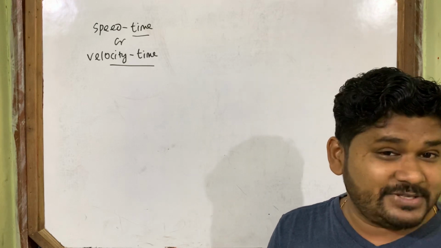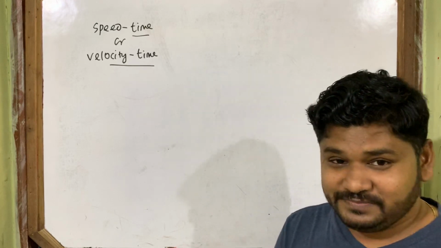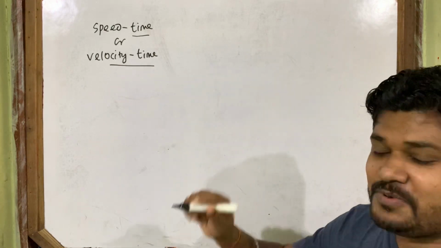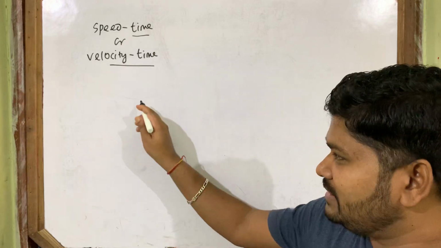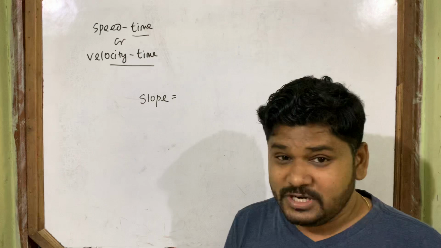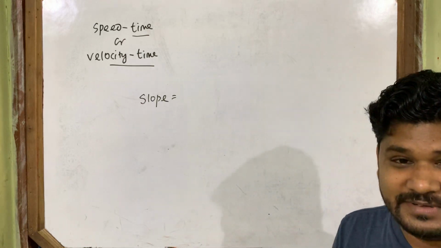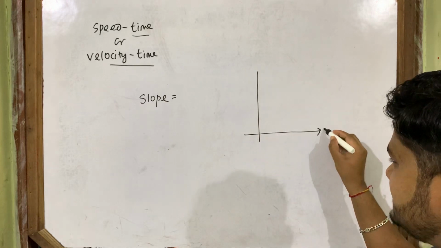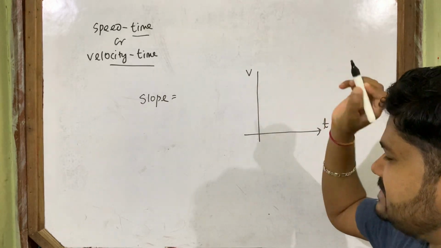Next, as usual, I have told you, whenever you see a graph, first check what its slope provides. Now you can tell me what the slope provides, because without drawing the graph you can tell. On this axis time is taken, on this axis speed or velocity.